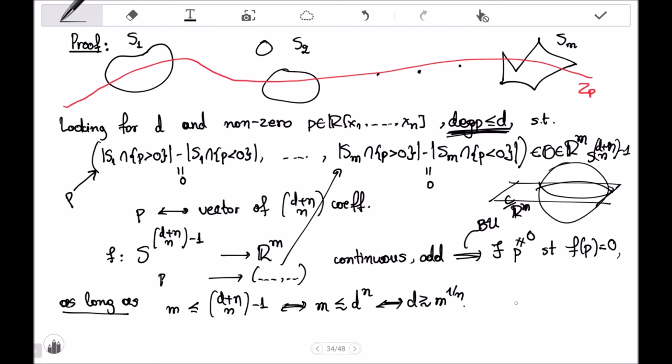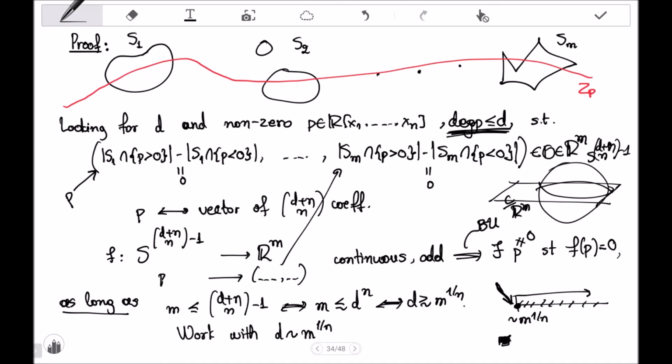For every d, in other words, beyond this threshold, that's about m to the 1 over n, for any d beyond that, no matter which you choose, you can find the polynomial of at most that degree doing the bisection you want. And you'll just work with the lowest d possible. So we'll work with d about m to the 1 over n.